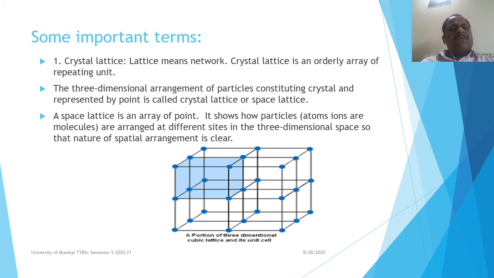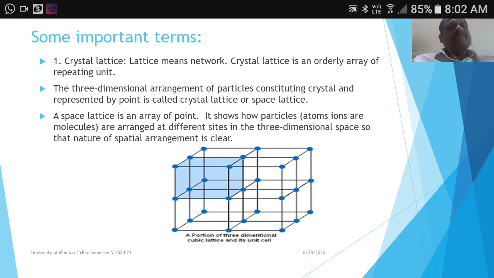So a crystal lattice is a three-dimensional arrangement of constituent particles which are represented as points. Every time we are not able to draw the unit cell, so one point indicates what? One unit cell. If you arrange those points in space, it is called a lattice point.